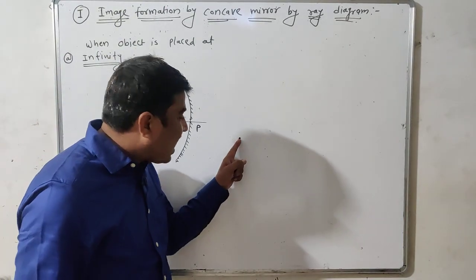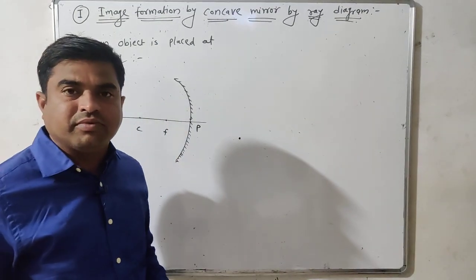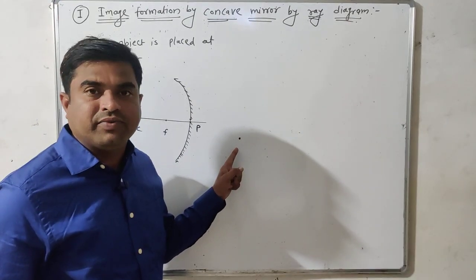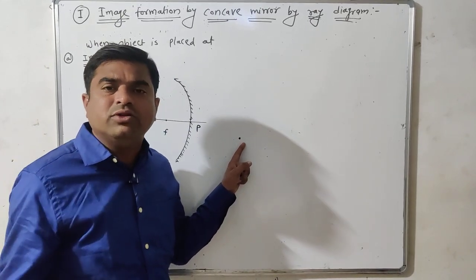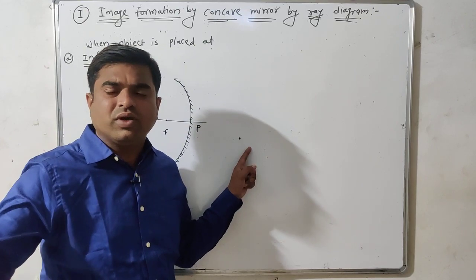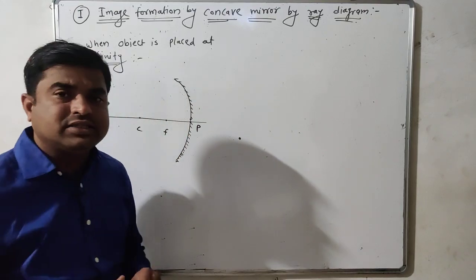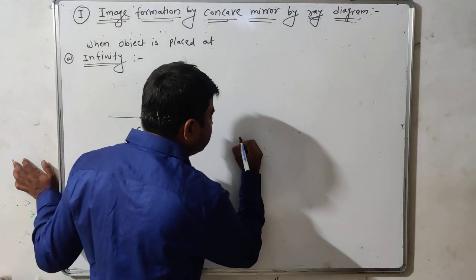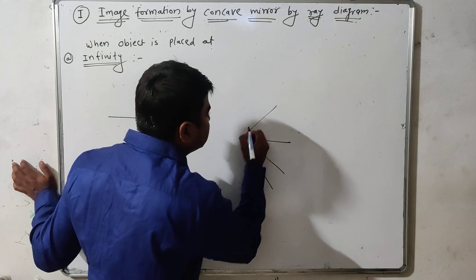That means it reflects light in all directions. It is illuminated by the light of a primary source, which may be an electric bulb or the sun. So as this point object behaves as a secondary source of light, it will emit the reflected light in all directions like this.